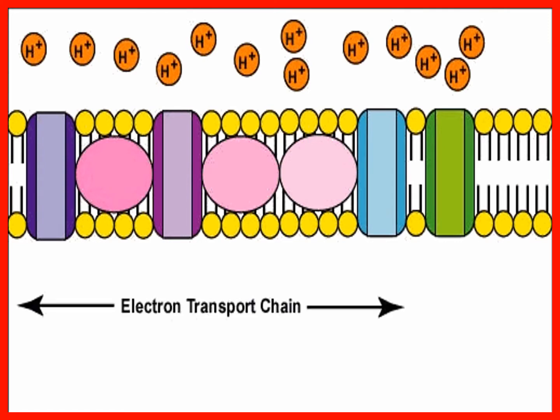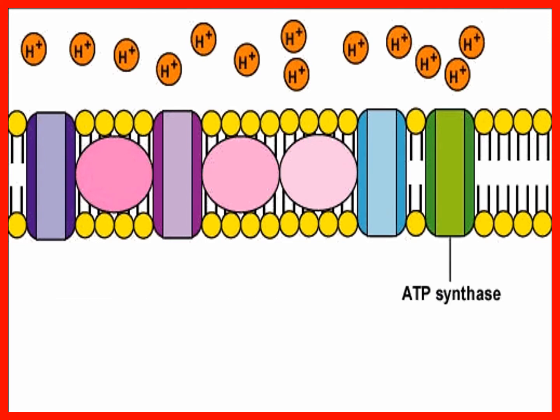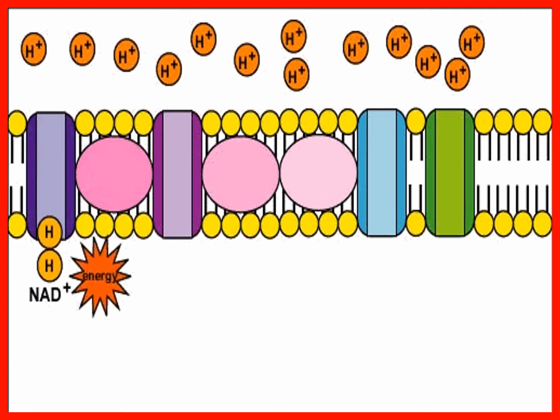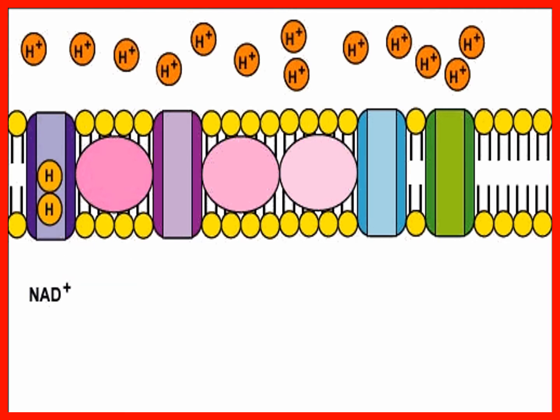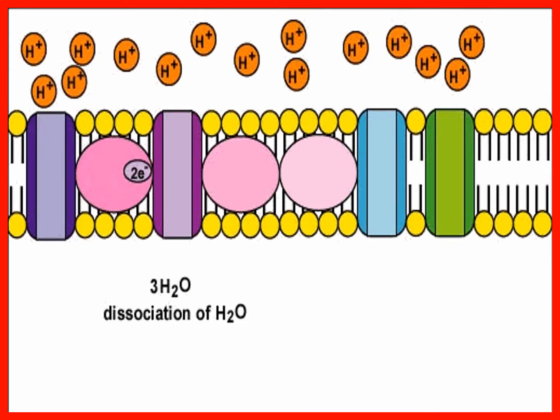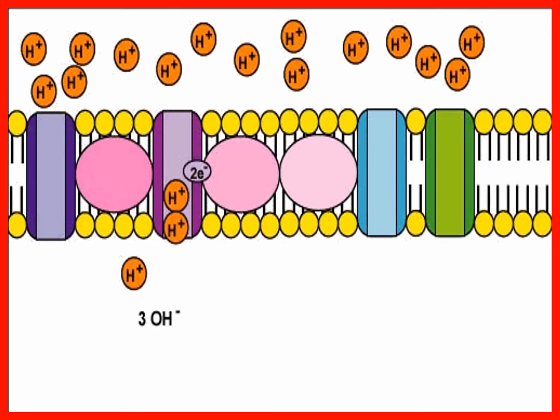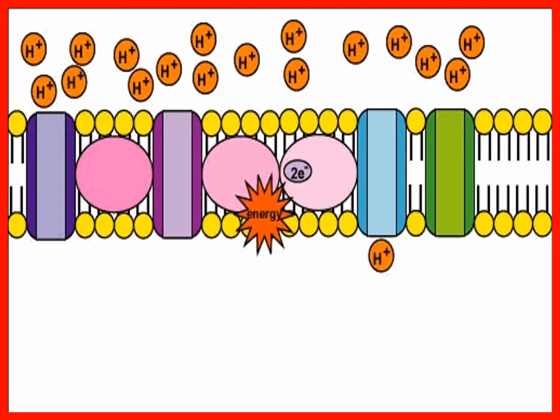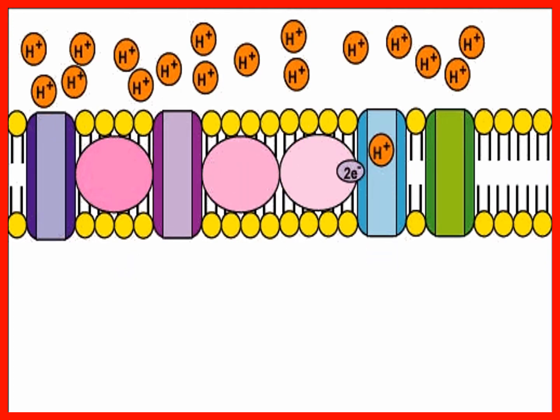And here we can see the animation again, where we've got the electron transport chain. We start off with reduced NAD and reduced FAD, which then get oxidized, releasing hydrogen ions and electrons. The hydrogen ions move across the membrane. Electrons are then passed along from one electron carrier protein to another, and this provides the energy to pump hydrogen ions across the membrane from the matrix to the space between the two membranes.